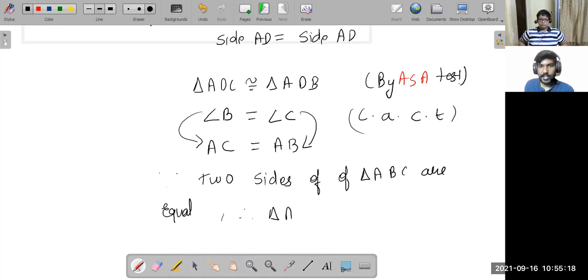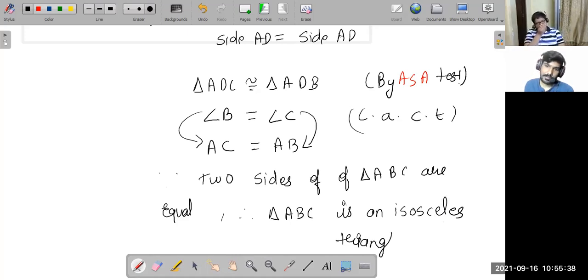Therefore, triangle ABC is an isosceles triangle. Is this clear?